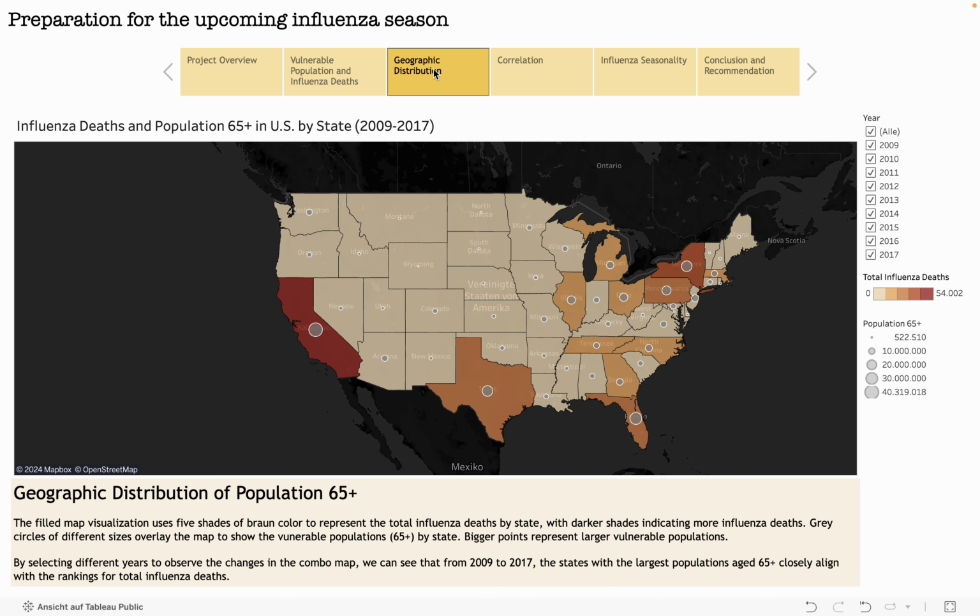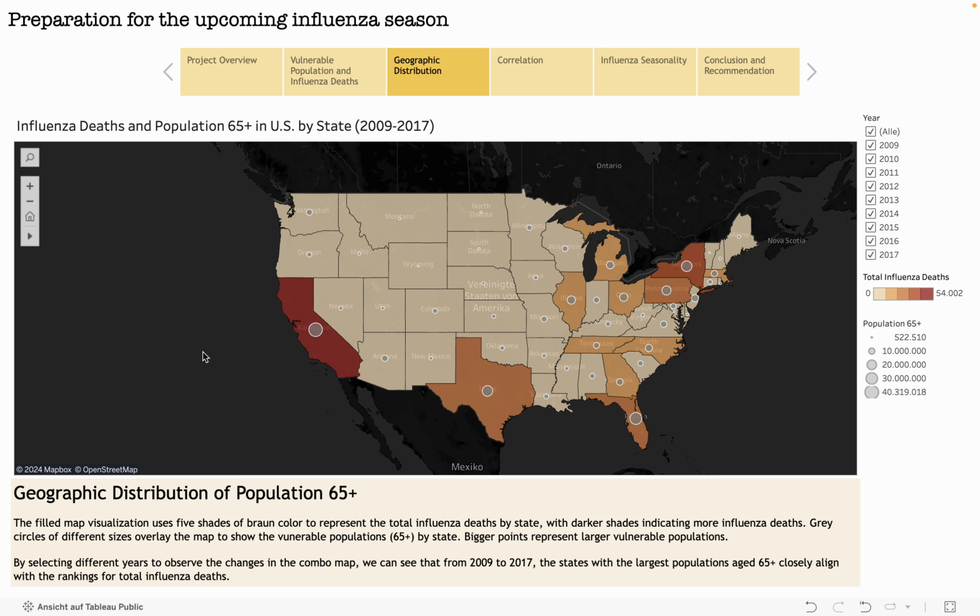Moving on to our third page, we analyze the geographical distribution of influenza deaths across the US states, focusing on the correlation between the population over 65 and influenza deaths.